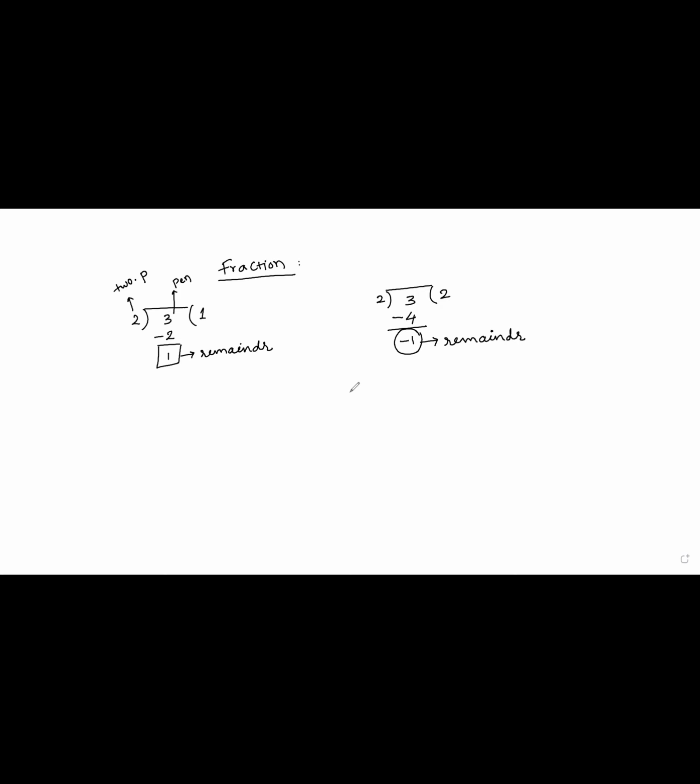Are you getting my point? Suppose 2 members are there and I have only 3 pens. I decided to give 3 pens to everyone. So 6 minus 3 will be the remainder. It means 3 pens are lacking here. So this is the original correct answer.